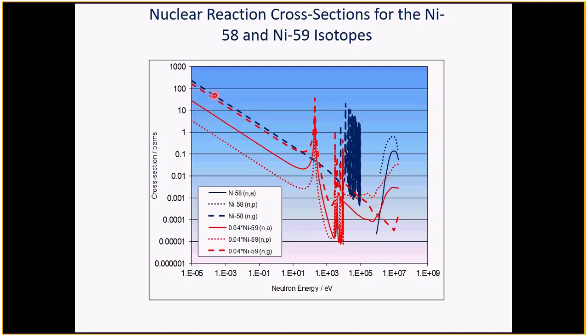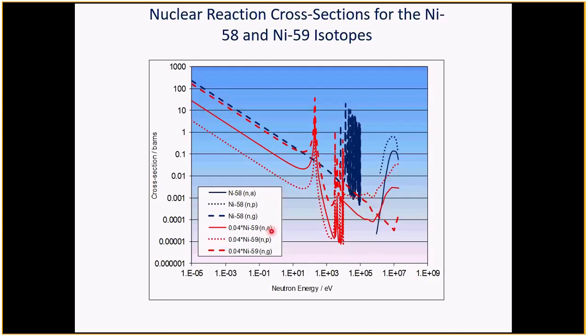I don't know where we'll see a spectrum anyway, so you'll see how relevant this is. So as you get to lower and lower energies, the more likely it is that you'll get a reaction between a low energy neutron and the nickel 58.